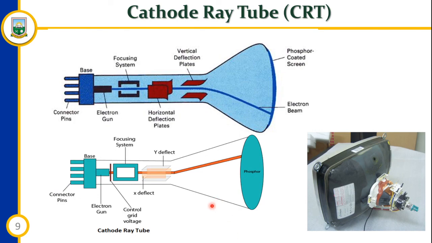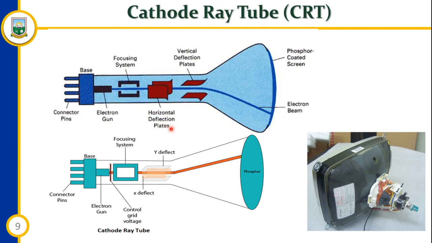Now, this is how the cathode ray tube looks like. I intentionally brought different variants of the tube that came from online. So we have the connection pins, we have the electron gun being fired from this point and passing through the focusing system.